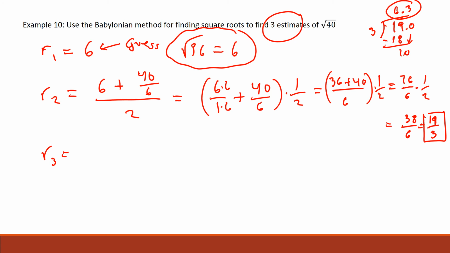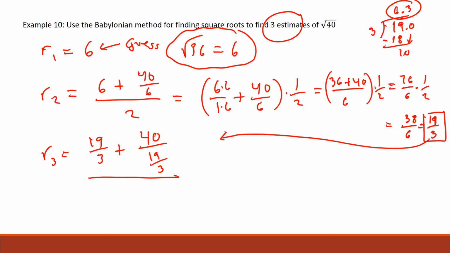For our third estimate, we're going to take our previous estimate, 19 over 3, plus 40 over 19 over 3 divided by 2. That's going to be 19 over 3 plus 120 over 19, all times 1/2.